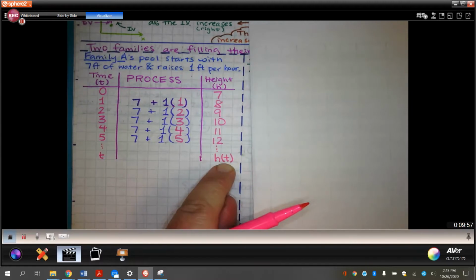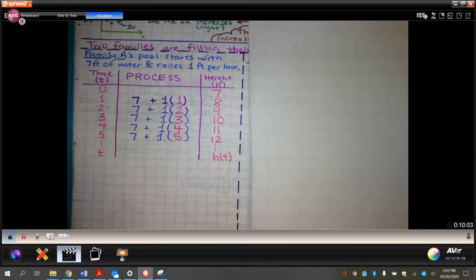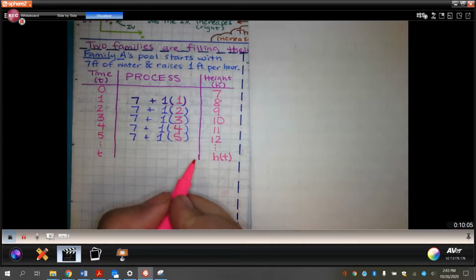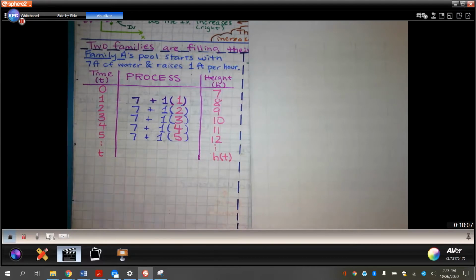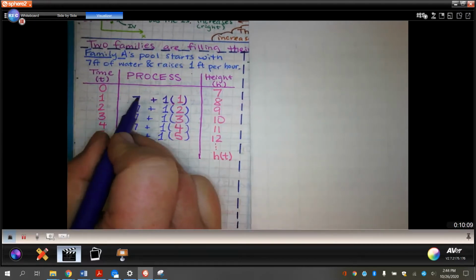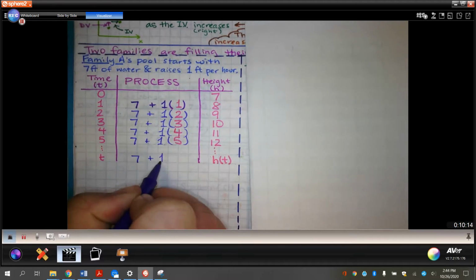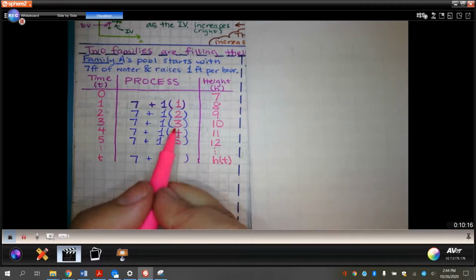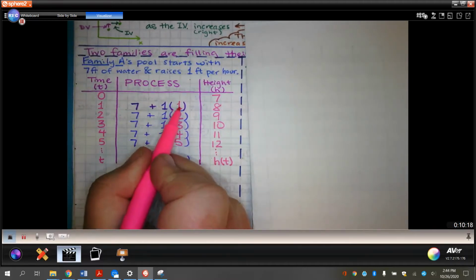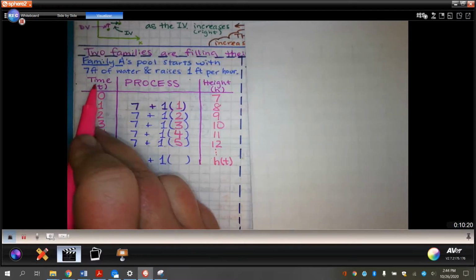So now we have this. Remember, everything that stays the same all the time, we keep the same. So here, 7, 7, 7, 7. So we're going to have 7 plus 1 times, and this always matches this column here identically, so we're going to put a t there.